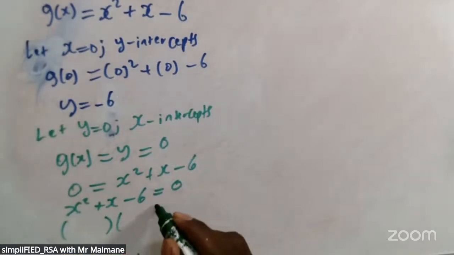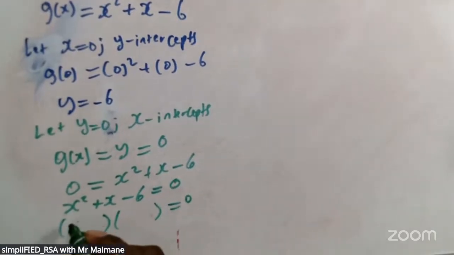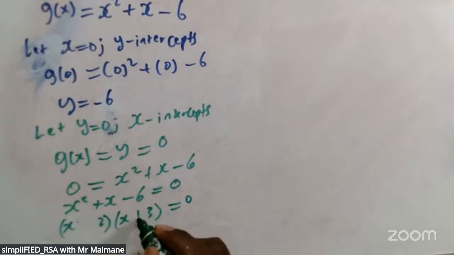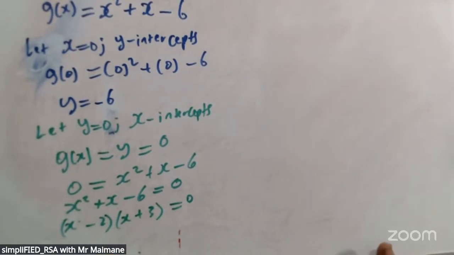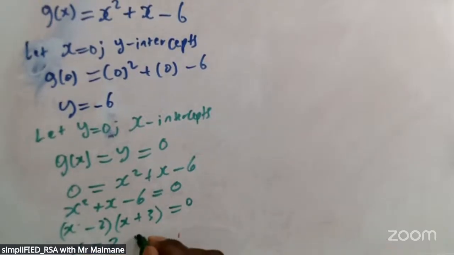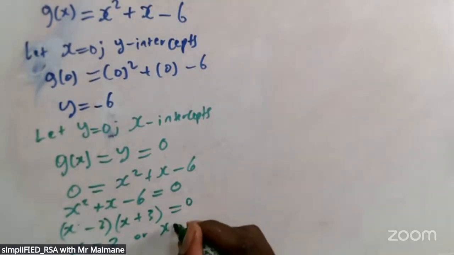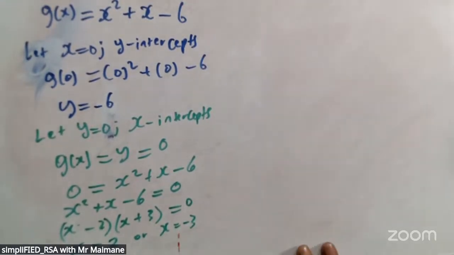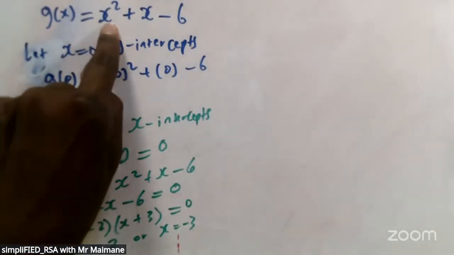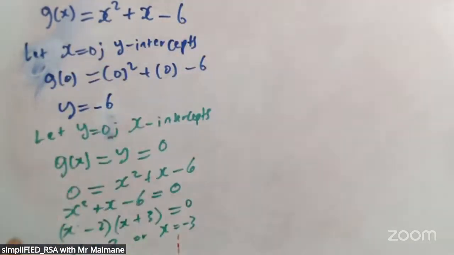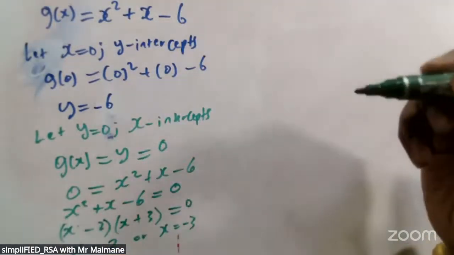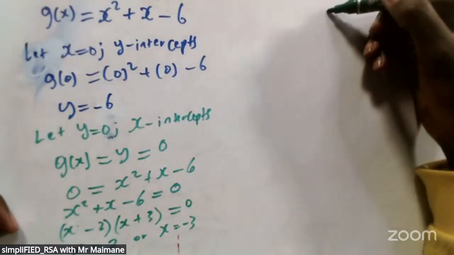If I factorize this, I would have x and x, 3 and 2, positive and negative, meaning x will be positive 2 or x will be negative 3. And for a quadratic, we expect two values of x because it's x squared. It's a quadratic, right?